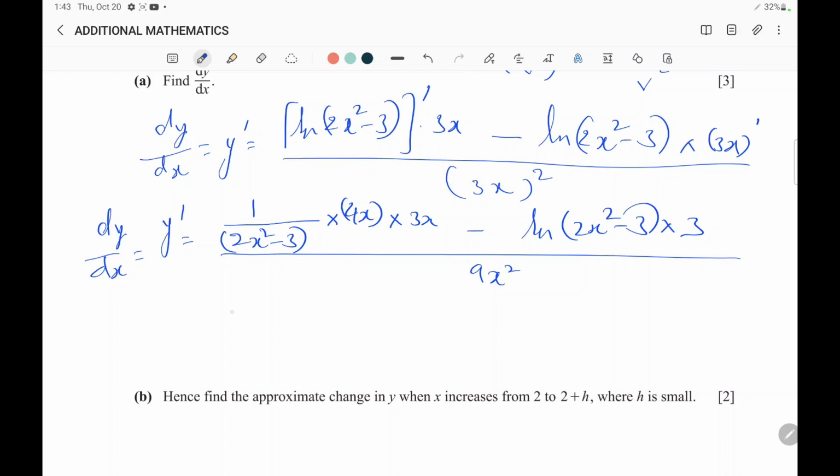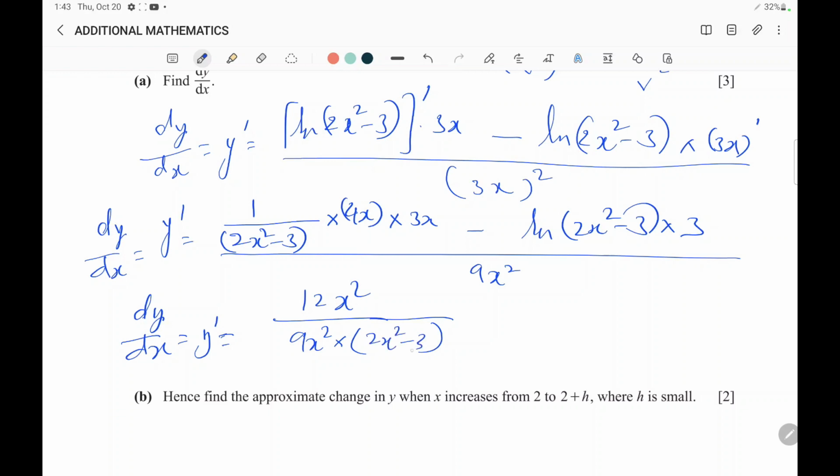Okay, so what I can do right now, dy by dx or y dash equals, this is actually 4x times 3x, so that is 12x square. So guys, 12x square over 9x square times 2x square minus 3, and minus 3 ln of 2x square minus 3 over 9x square.